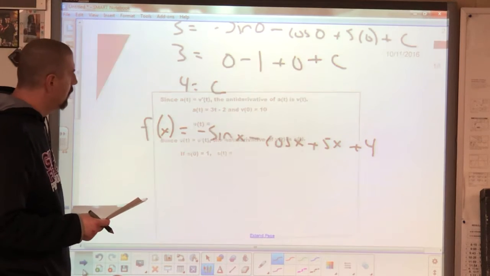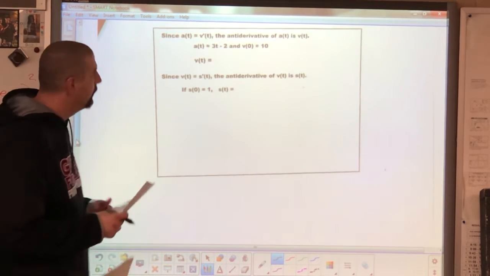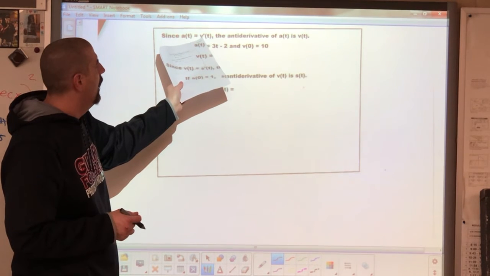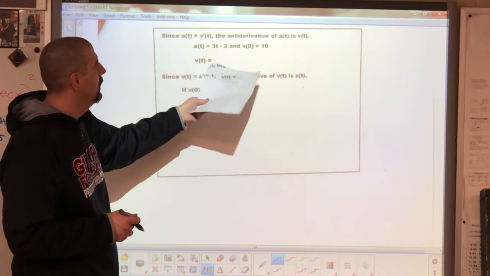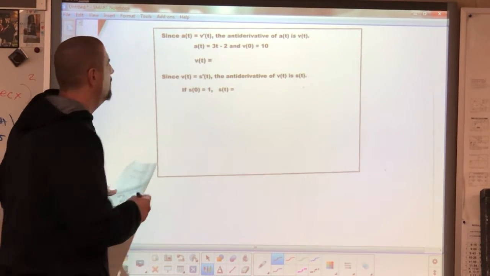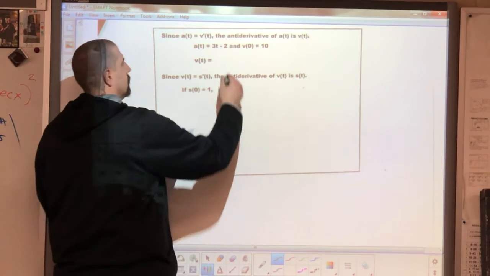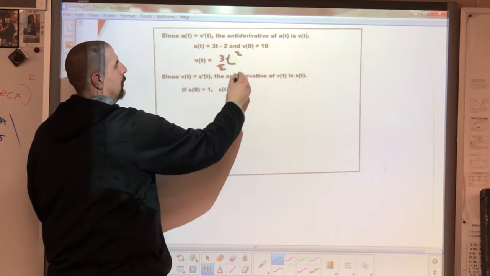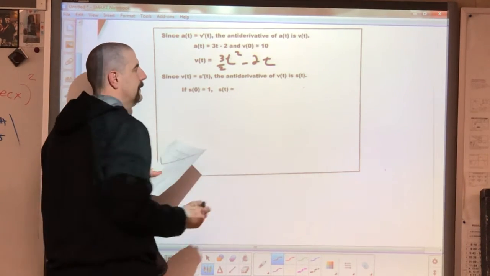Okay. So last but not least, we have acceleration, which is the derivative of the velocity. So if I tell you the acceleration, you can find the velocity by taking the antiderivative. So you're going to get t to the second power, 3 over 2, minus 2t.